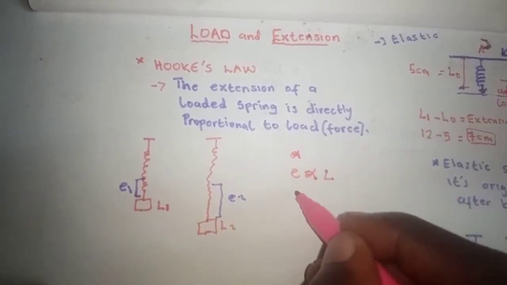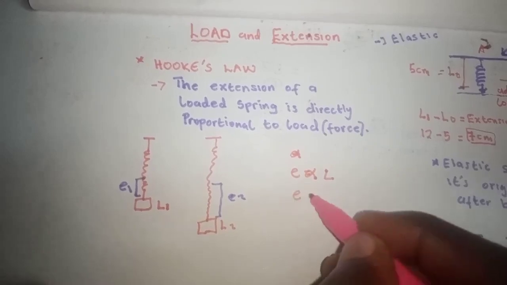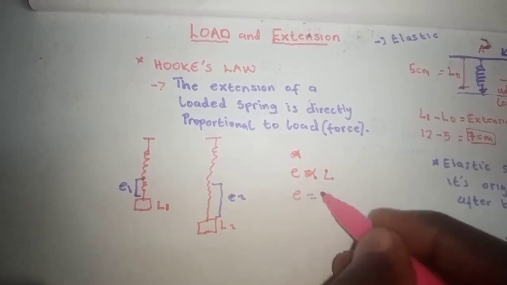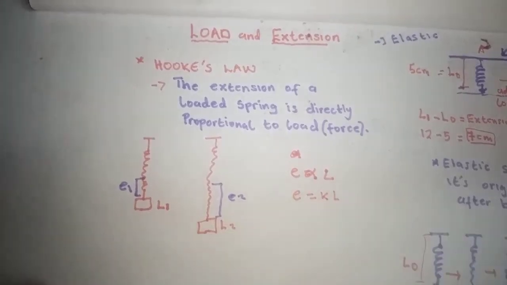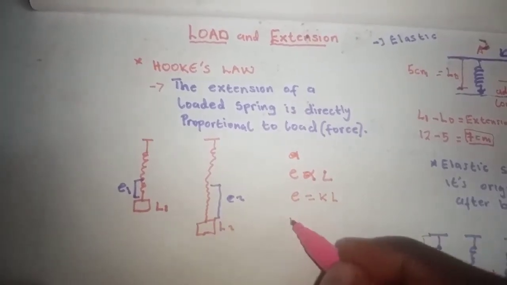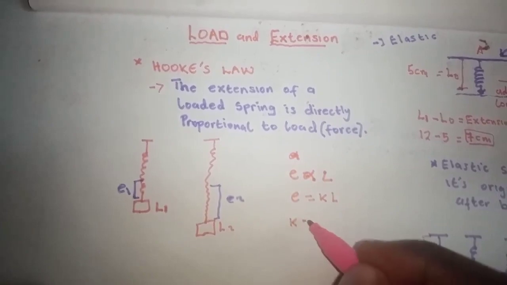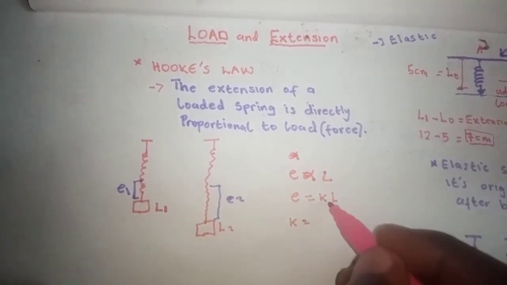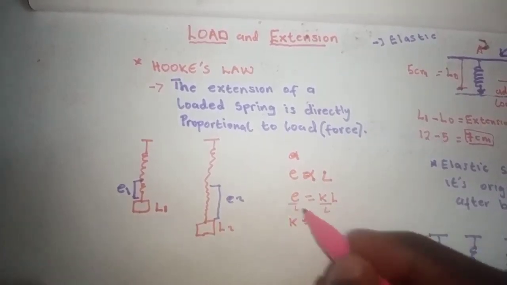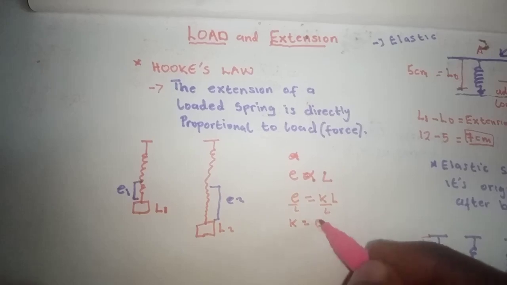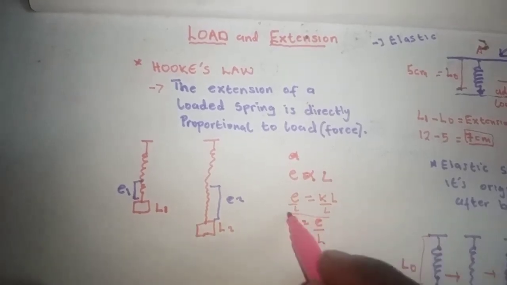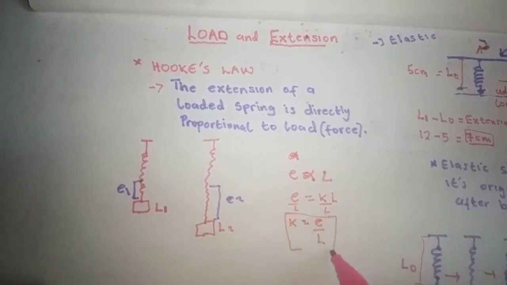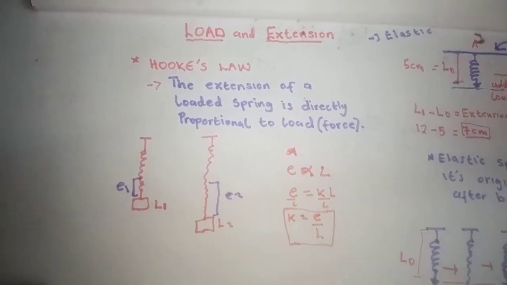Okay, so this is going to be extension is equal to k times the load, where we introduce k, which is the constant, okay. To find this constant k, we divide both sides by the load. So k is equal to extension over load, okay. So it extends by some constant.